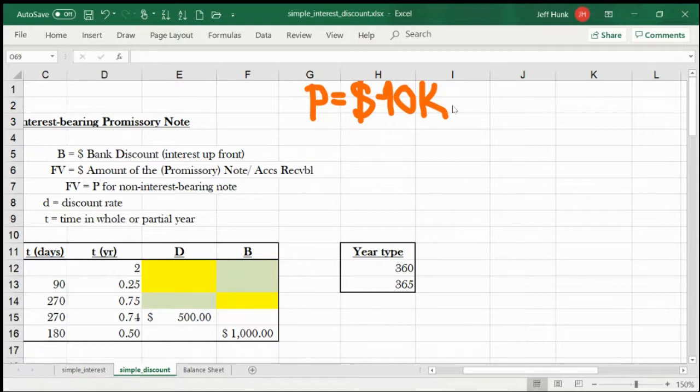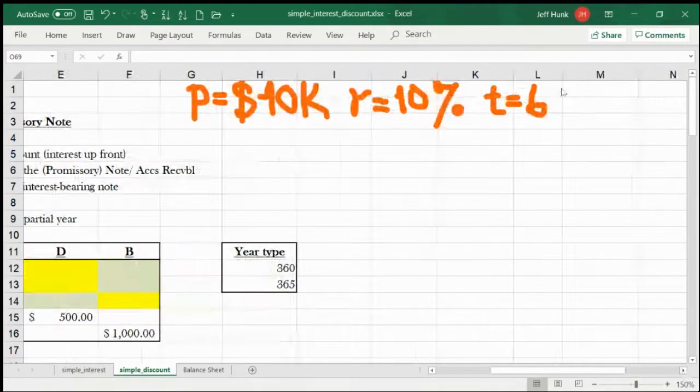But the maturity on the promissory note is only 60 days. That R is APR, right? So to be exact, we already know the time is 60 days.